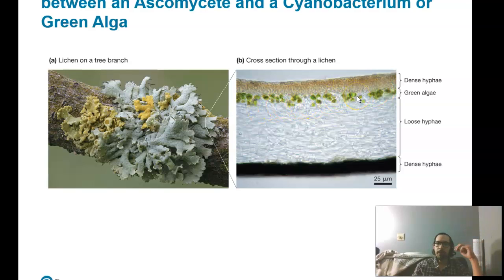So here, just like in plants, the fungi is receiving the sugars from the algae, which it makes from photosynthesis. And the algae receives protection, so it provides a moist environment for the algae to live in.